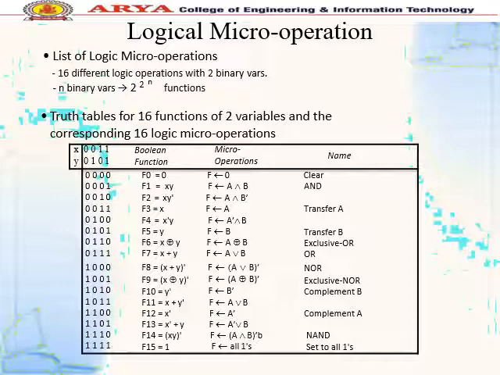F9 is equal to the complement of x XOR y, it means exclusive NOR. F10 is y complement, complement B. F12 is equal to x complement, complement A, and last F15 is equal to 1. It means set to all ones.